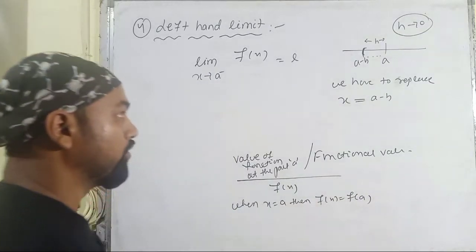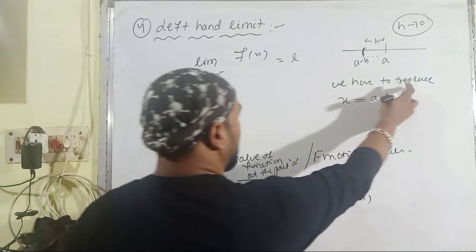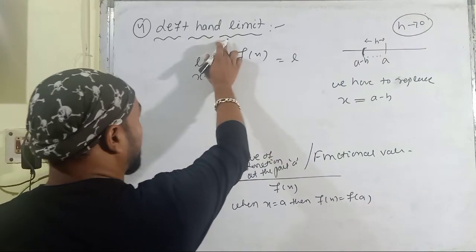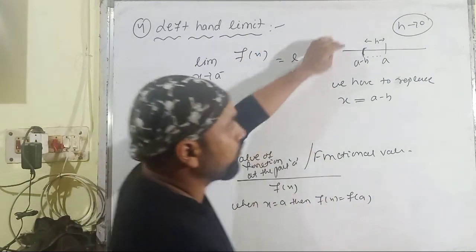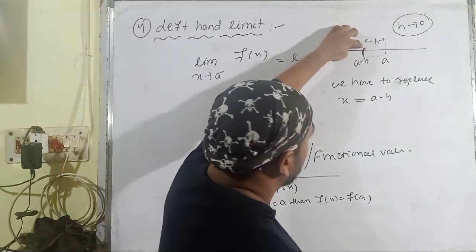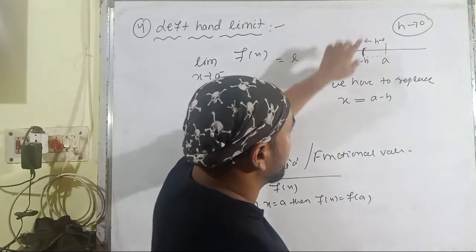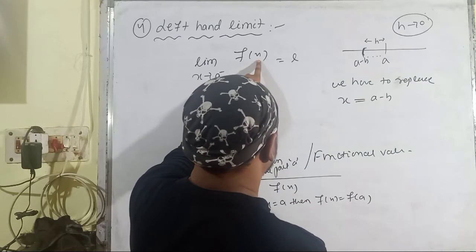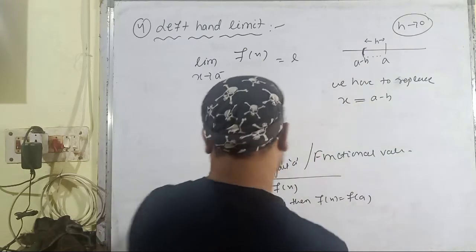This is the functional value. But here, as we are determining the left hand limit, we have to consider a point which is just less than a, very very small, and this lies to the left side of a, and then we have to replace the value x by this point a minus h.